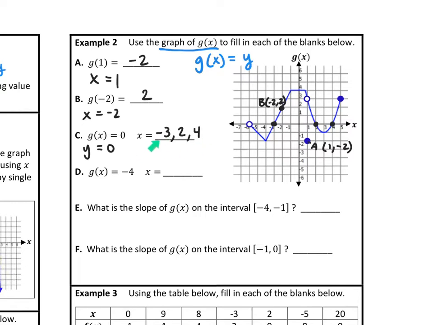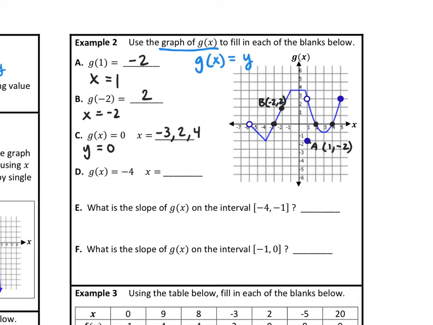And notice, because I'm putting a comma, it doesn't mean that I'm talking about domain. I'm just listing my answers. And I have 3 answers because there's 1, 2, 3 points that I seem to run into. So I'm just listing my answers with commas, right? So I'm saying my x's are -3, 2, 4. And there's no parentheses, there's no brackets, because we're not talking about domain here.